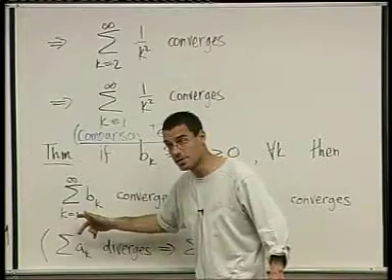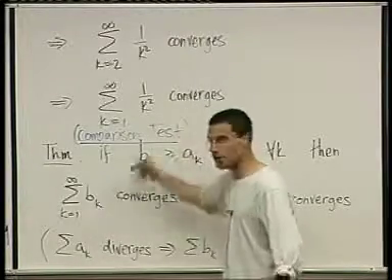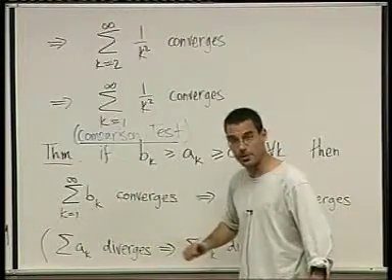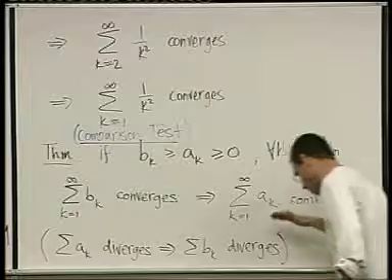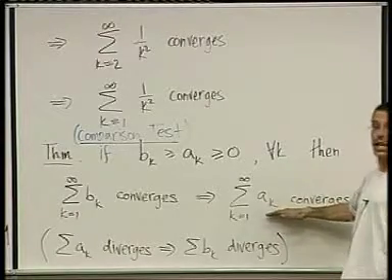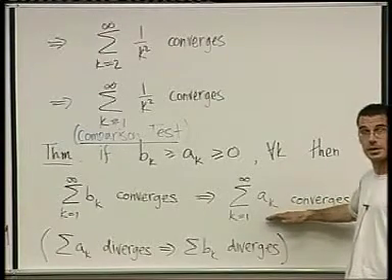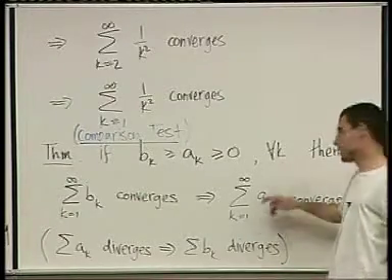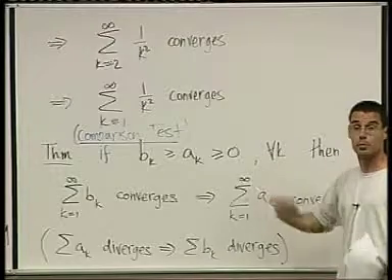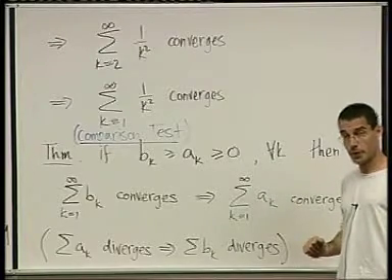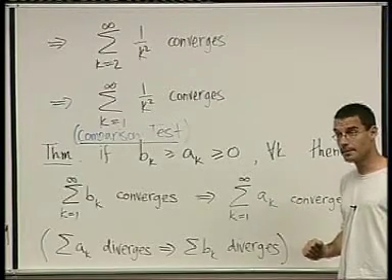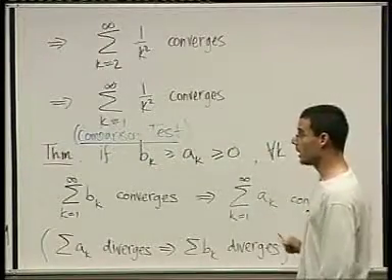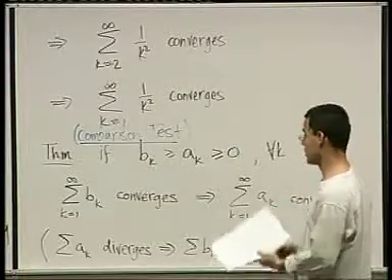If their partial sums are bounded and the ak's are smaller, then whatever the bound is for the partial sums of the bk's will be a bound for the partial sums of the ak's, because these are smaller sums. And therefore the partial sums of the ak's are bounded, sigma ak converges. That's the proof. That's all there is to it. Good? Everybody? Okay, so you can write it down. It's precisely what we argued in the example that preceded this test.